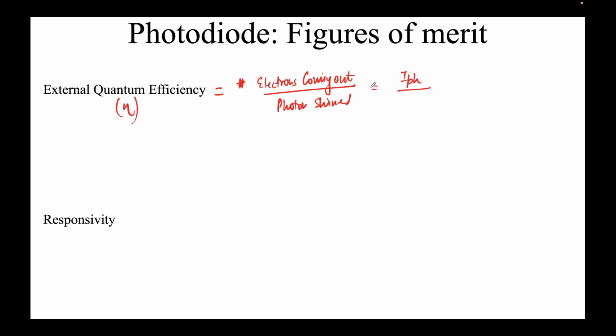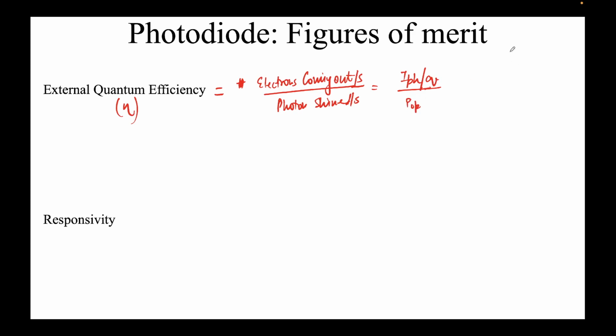So how do we write this? The current coming out, so electrons will be current divided by charge. This is per unit second actually, that's why I was confused. Photons shined per unit second. The photons shined will be given by the power of light that you are shining.